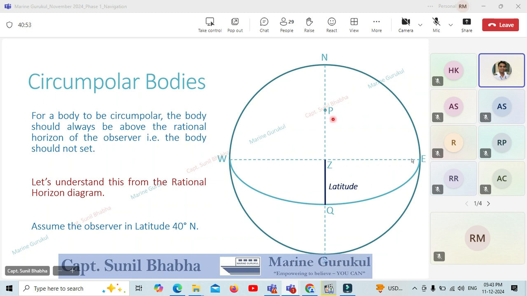Let's mark this point as P, representing the north celestial pole. Now in this diagram, let's assume some celestial bodies of different declinations and see whether they become circumpolar for this particular observer or not. Let us first assume a body with a declination opposite to the latitude. The latitude in this case is north, so let's assume a body having a southerly declination.